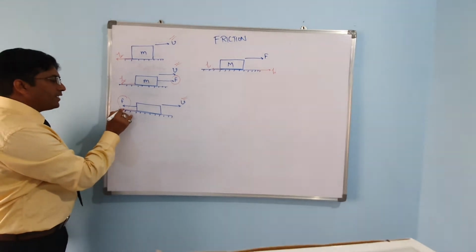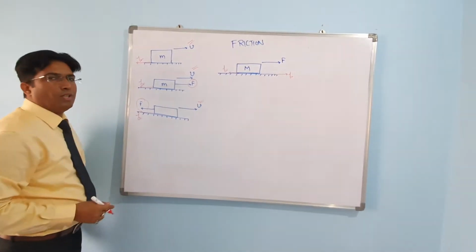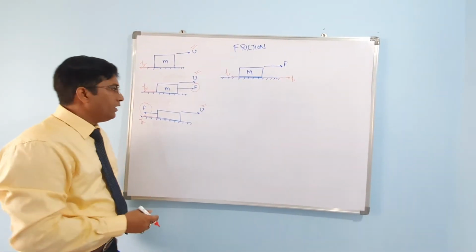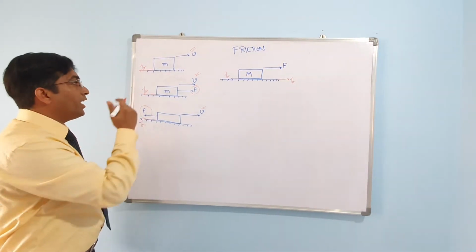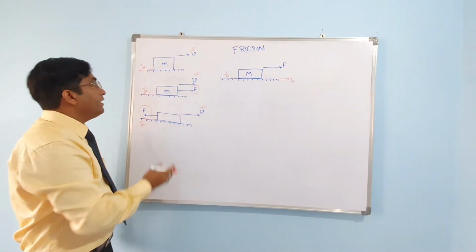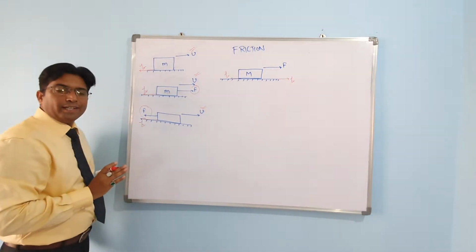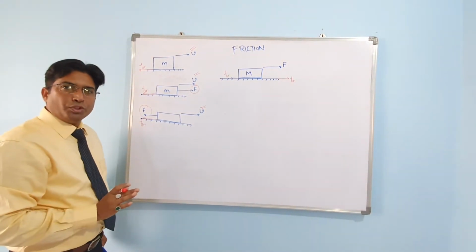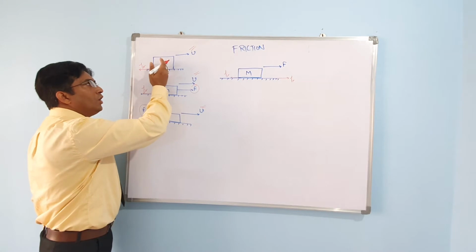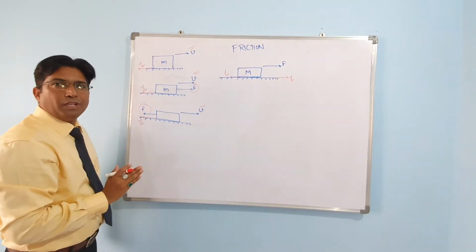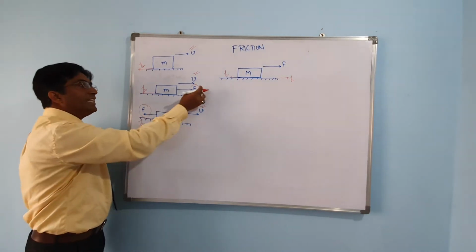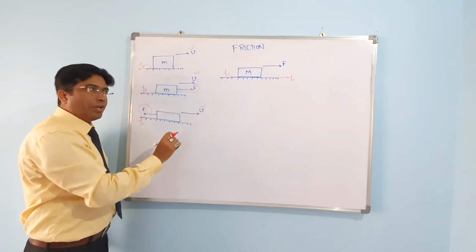In the third case, again to the left side. So it doesn't matter whether there is an applied force or not. If the block already is in motion, then the friction should be acting in the opposite direction to the relative motion. If the relative motion of the block is to the right, friction in all cases will be to the left, irrespective of whether there is an additional applied force or not.